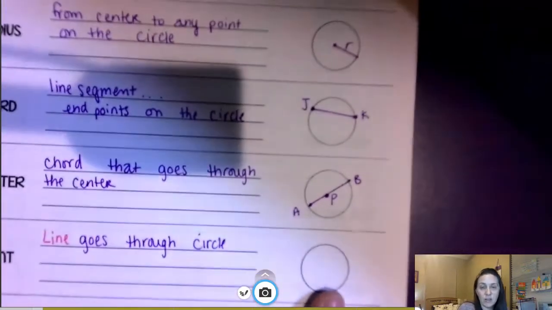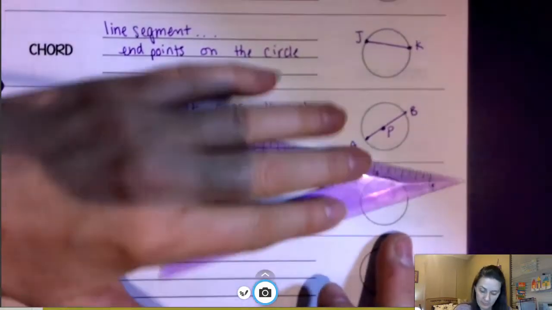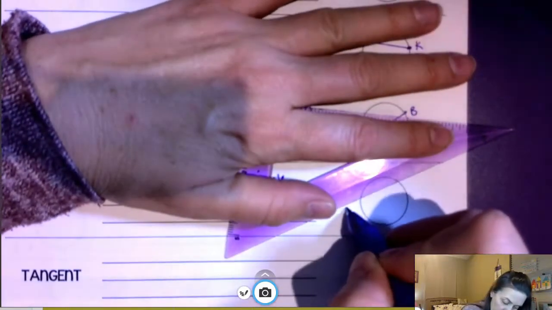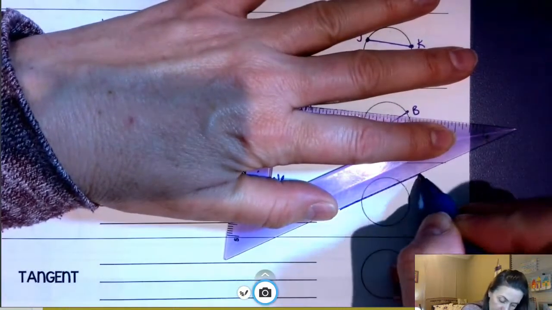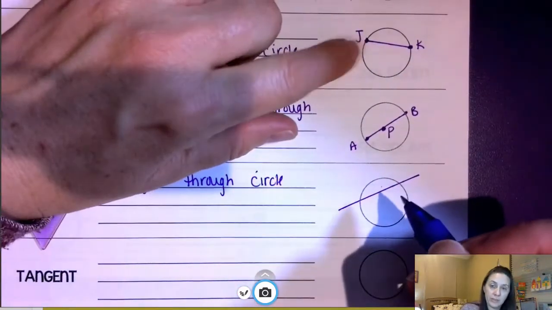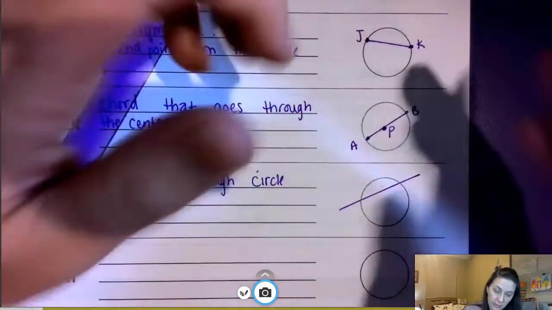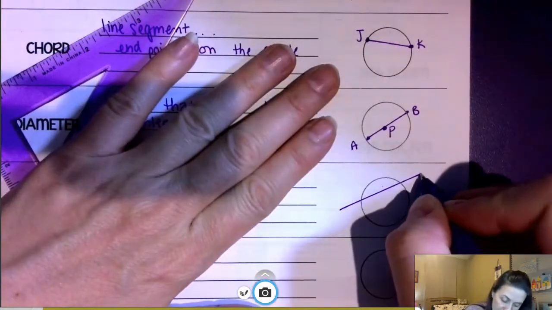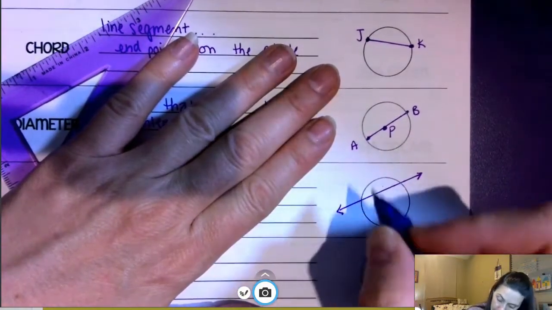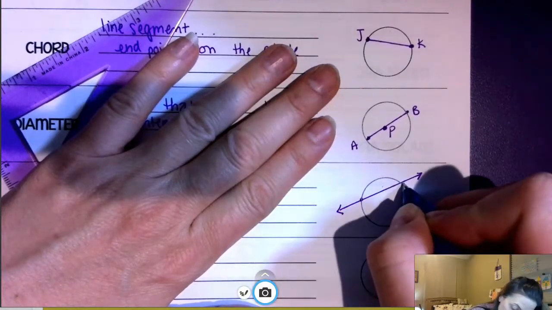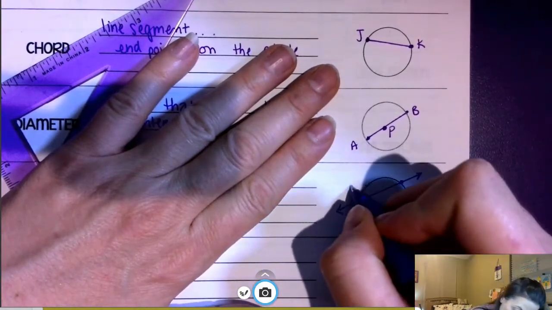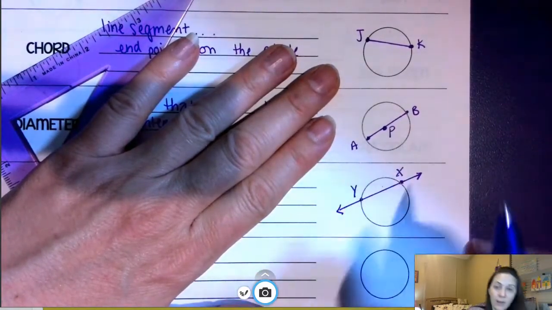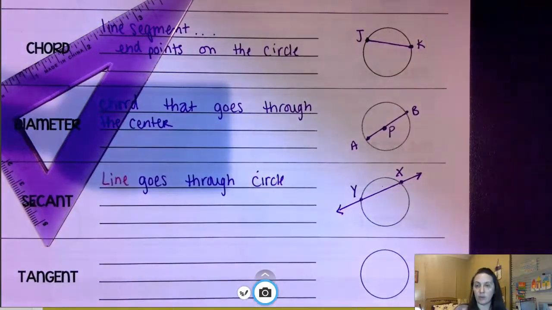It could be the center, but it doesn't have to be the center. So if I were to draw here a line, up here there are chords, they end on the actual edge of the circle. Here this is a line that goes through it. It could still have points on the circle. Let's say we call this Y and X. But it doesn't end there, it goes on forever.